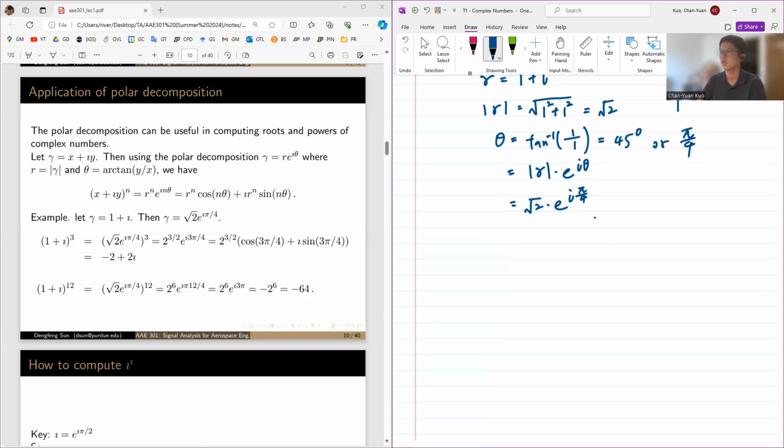So say now we have this complex number gamma, which is equal to x plus iy, and we want to compute the nth power of gamma. If you do it without converting gamma into polar form, then this will be very tedious because you will have to multiply x plus iy n times.